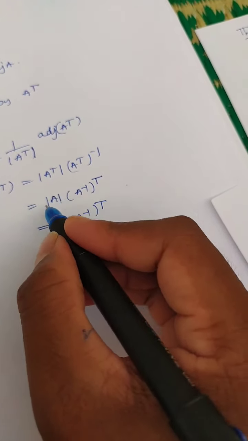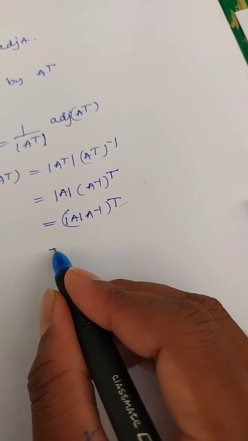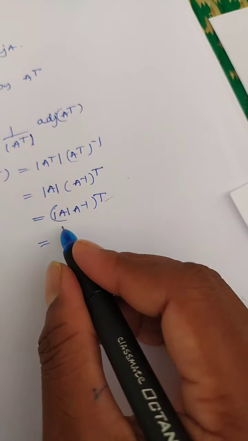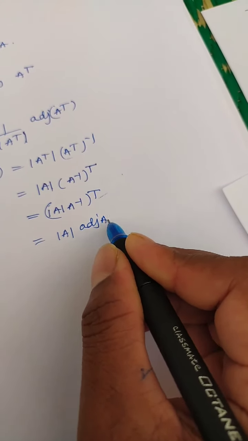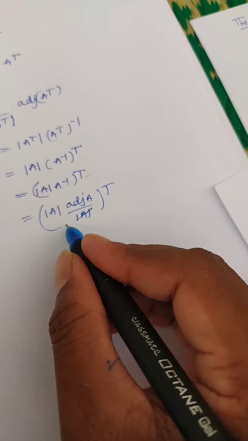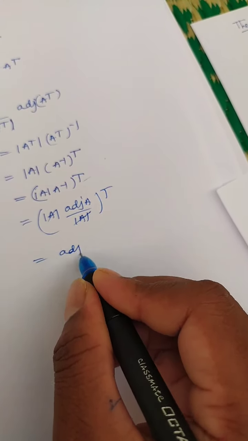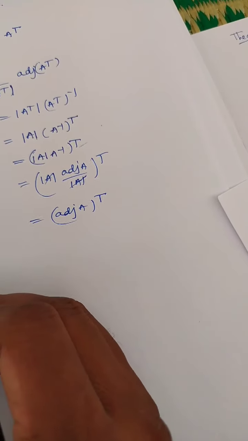Det A whole transpose is det A, both are equal, right? Now det A into A inverse means we can write adjoint A, whole transpose. Now det A cancels. This will be adjoint A whole transpose. So what we got?